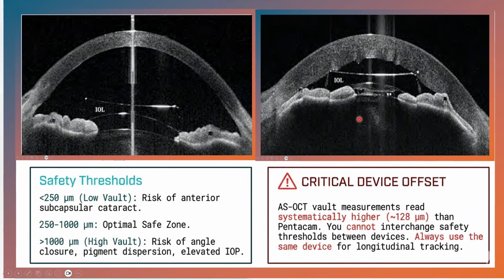Now, after solving the problem of this patient by treating him with anti-glaucoma medications, or in these cases, an urgent reformation of the anterior chamber is needed by injection of viscoelastic material. So this is the normal depth of the lens, and this is the vault of the lens, which is significantly high from the corneal endothelium. So these are very important measurements and parameters done with the help of the anterior segment OCT.